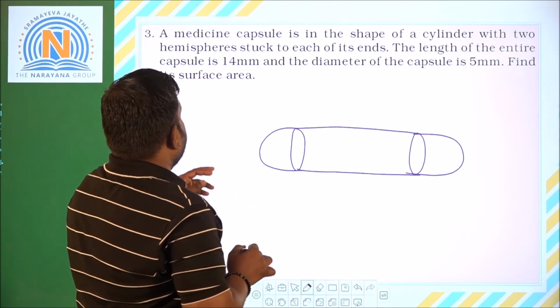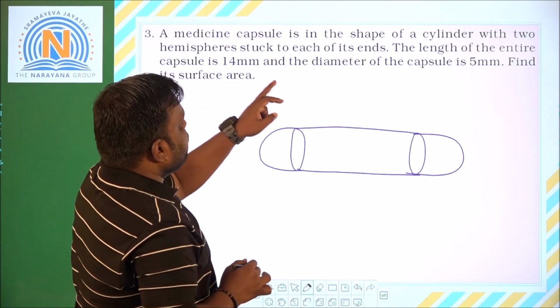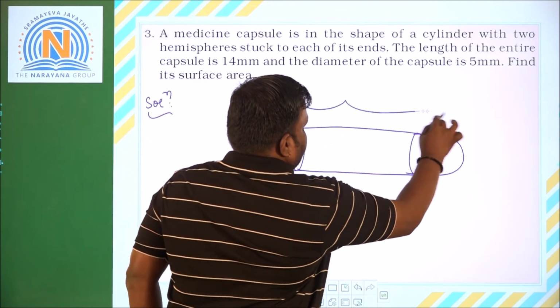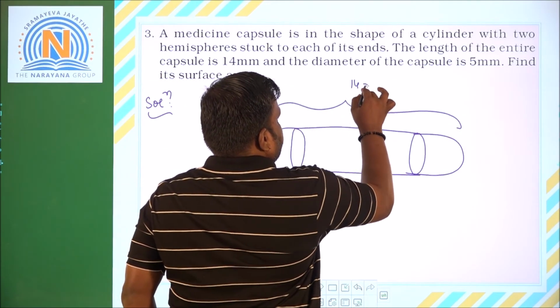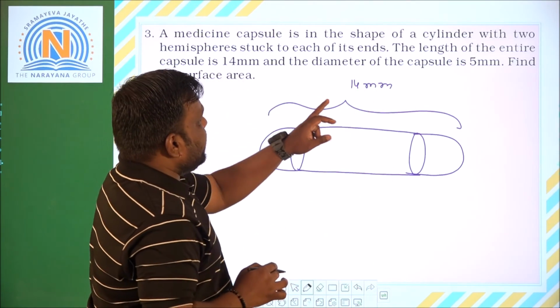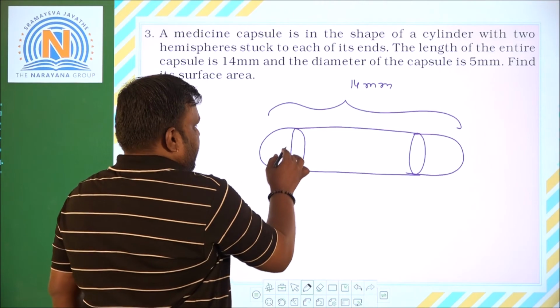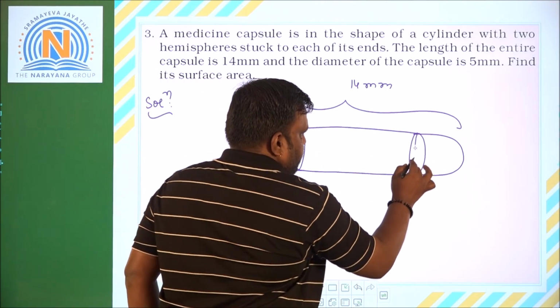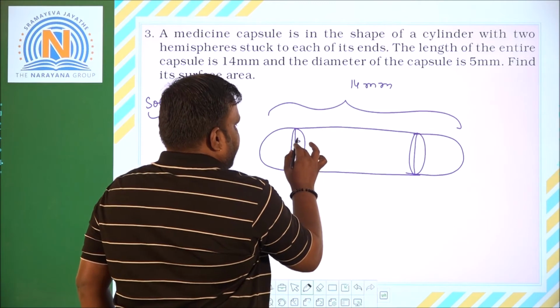The length of the entire capsule is 14 mm, and the diameter of the capsule is 5 mm. So here this is the diameter of the capsule, that is 5 mm.